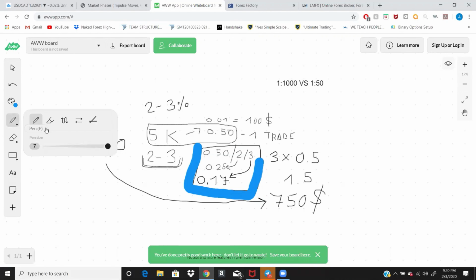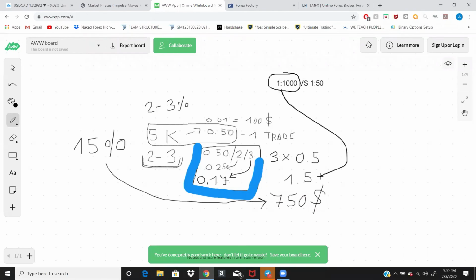So 1 to 1000, right, will allow you to do this, right? This is what 1 to 1000 will allow you to do. Actually, on a 5K account, it will allow you to open a single trade at like 5 lots.